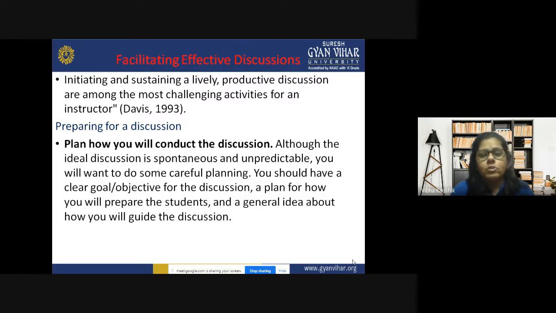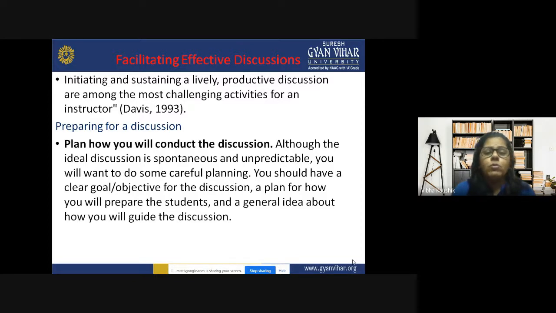Preparing for a discussion, we have to prepare the students for a particular discussion. Plan how you will conduct the discussion. First you have to plan how you will conduct a particular discussion. Although the ideal discussion is spontaneous, we are saying that the ideal discussion is one held spontaneously and unpredictably, and it's not predictable when the discussion is going to start.